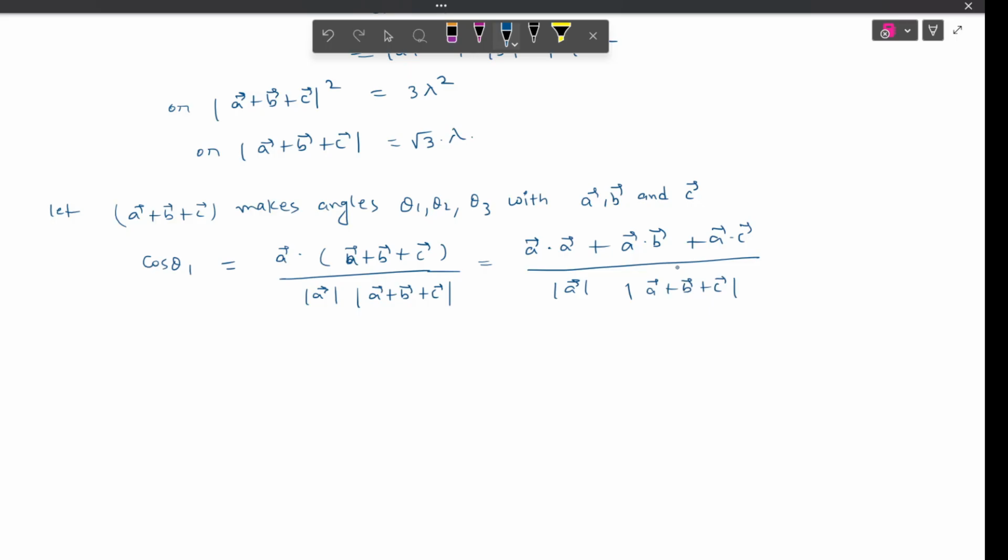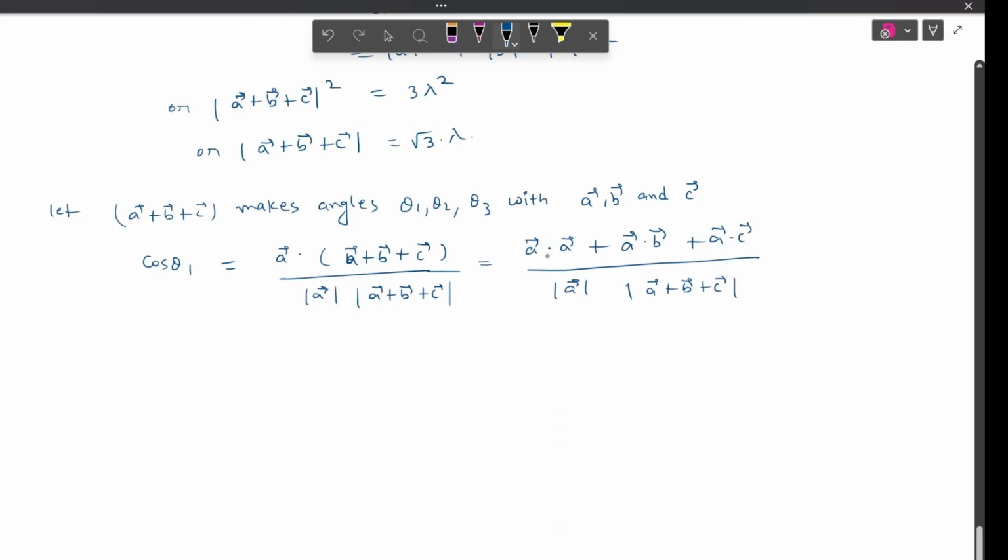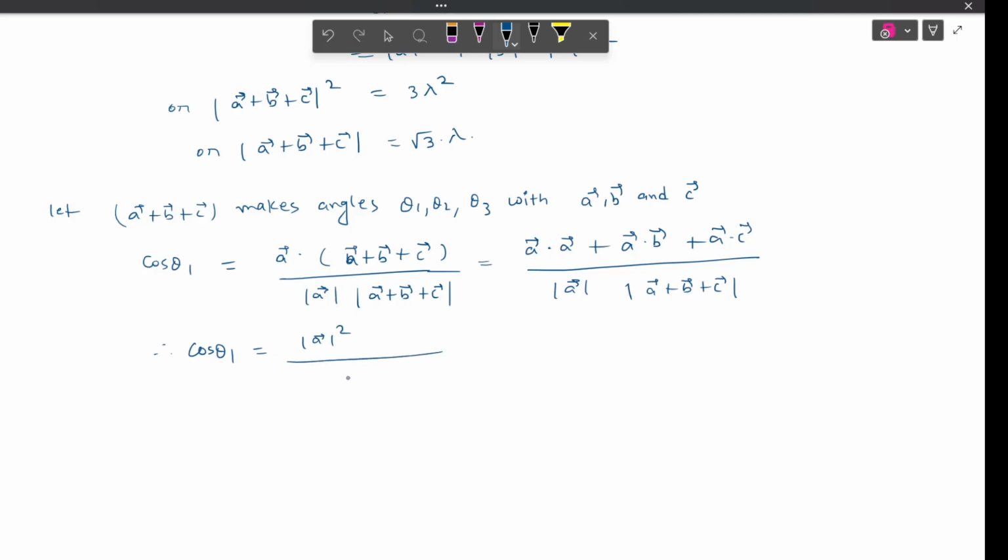Okay, so a dot b and a dot c are 0, right? So a dot a is modulus of a square. So we can say cos of theta 1 is modulus of a square divided by modulus of a into modulus of a vector plus b vector plus c vector.